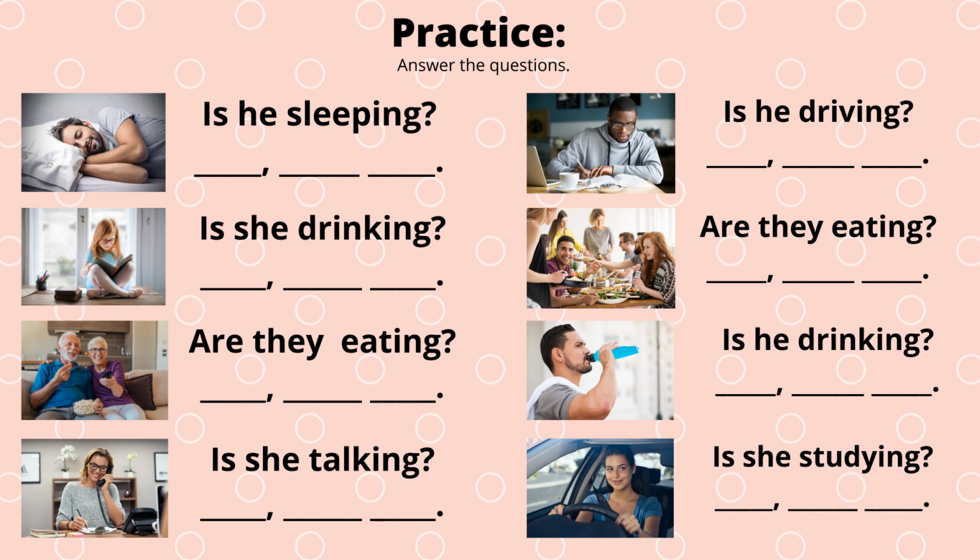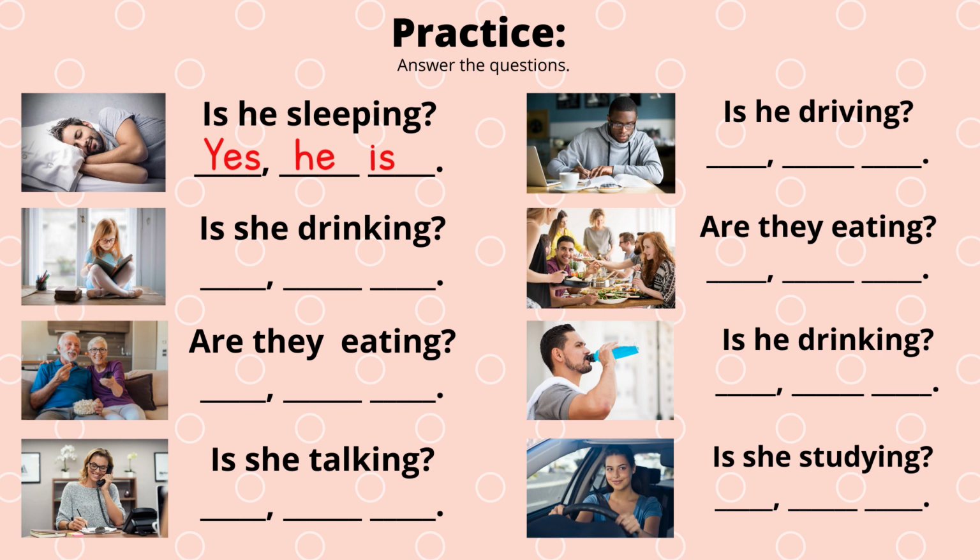Let's look at number 1. Is he sleeping? Example, yes, he is. Now I'd like you to pause the video, write your own answers, and when you're finished, you can hit play, and then I'll give you the correct answers. Go ahead and pause your video now.